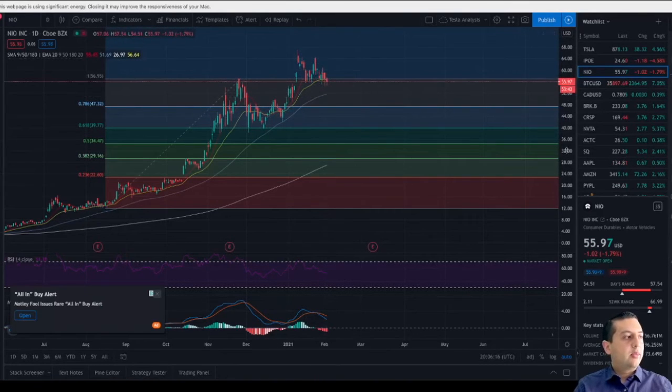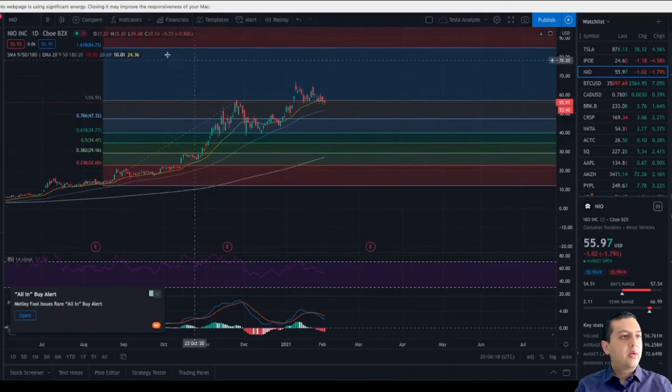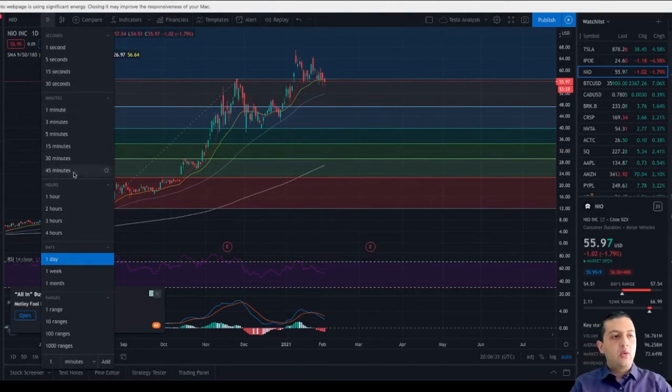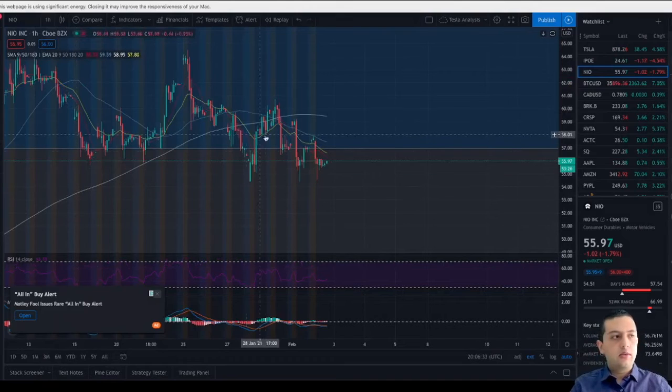We are still finding support here, but our price target is still around the 85 area. You see 84, 85. If you are not yet in this trade, let's try to see where we are going to set up our entry point. Okay.